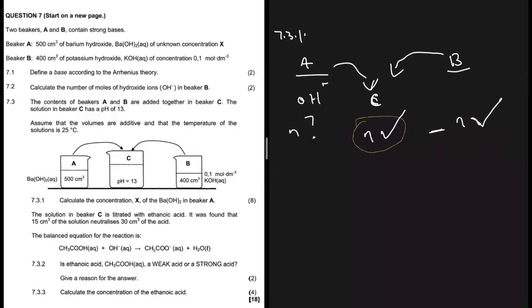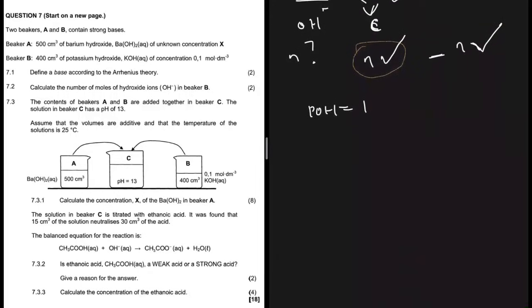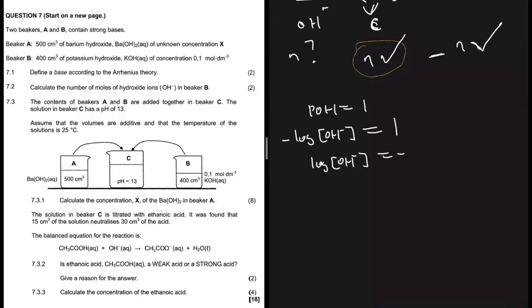So if we go ahead and do that, let's find the number of moles in beaker C. So we have pOH equals 1, like we determined above, right? And then we know that to calculate pOH, we use the concentration of OH minus. So we're going to have minus log OH minus equals 1. So we're going to have log OH minus equals minus 1.